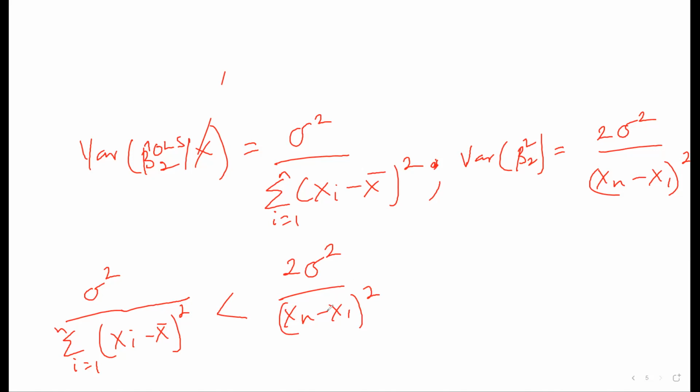Now, if we cross multiply, the whole of this will multiply this, and the whole of this will multiply this.